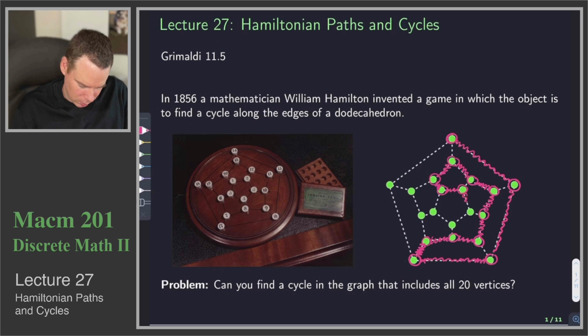And now I'll pop in, go around, and then back out. And it looks like we're good. We've made it. And there we go. So there is a cycle through all the vertices of the graph. This is known as a Hamilton cycle.